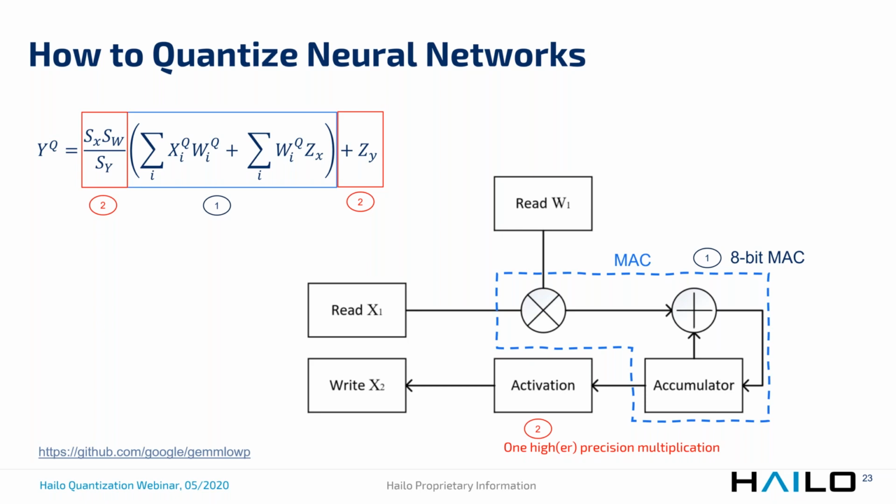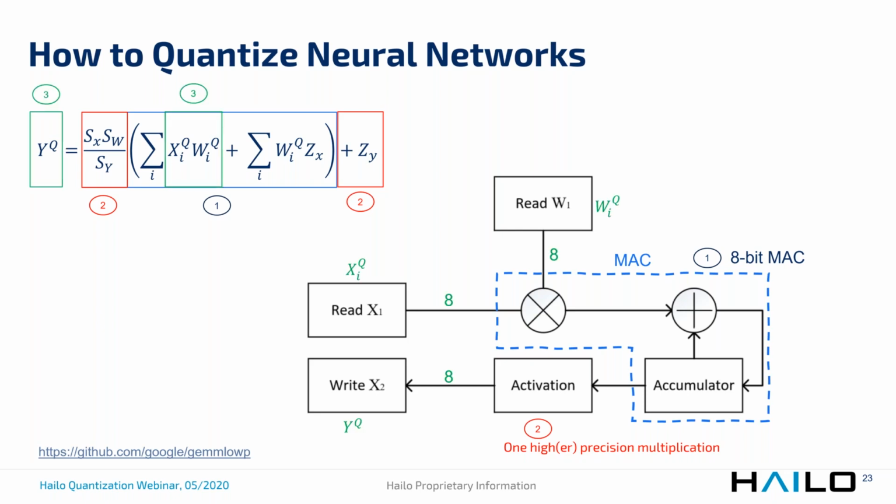However, note that because the MAC happens a lot of times, as we said before a couple of thousand times for each output element, the activation only happens once. So it's hardware that's being used rather rarely. And there are also quite a few smart ways to make it implemented very efficiently in hardware. In fact, if you go to the original GitHub of the Gemmlowp implementation, which I've put here at the bottom of the page, you can see example reference code that shows how to implement it very efficiently on any CPU.